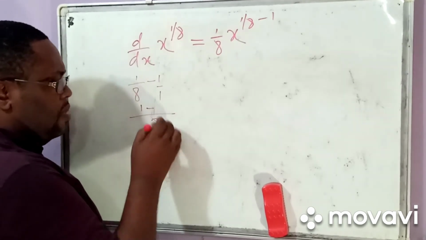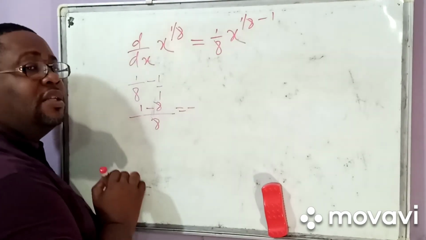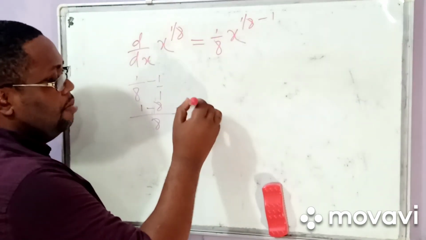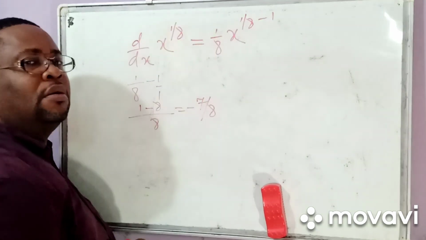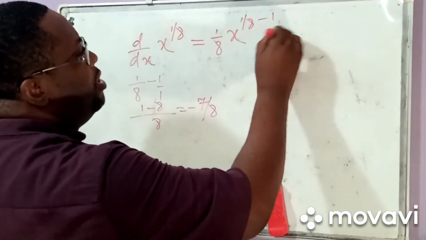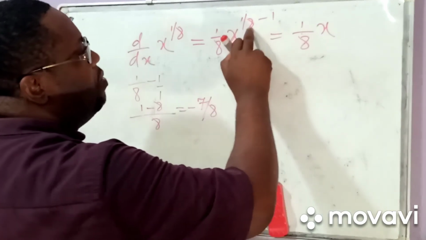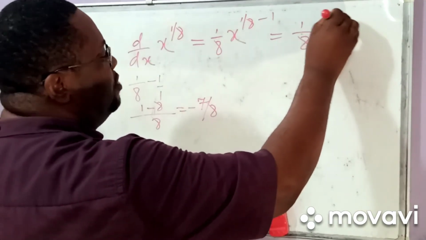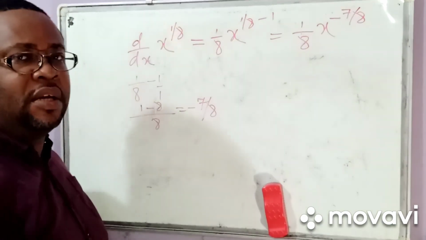Minus 8 divided by 1, so we simply have 8 here. So I simply have 1 minus 8, which is negative 7, so negative 7 divided by 8. And that's the answer. So this simply becomes 1 all over 8 x to the power negative 7 all over 8.